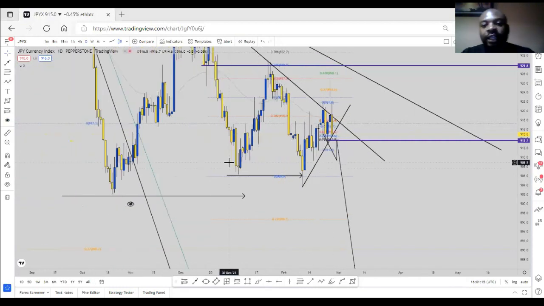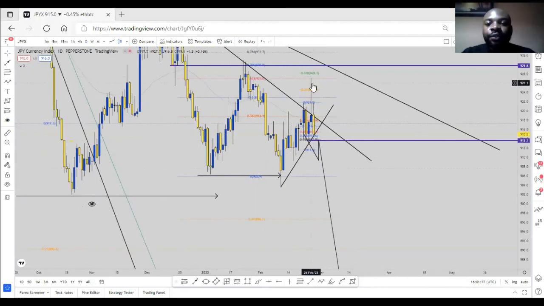Great. You can see that even from this rejection, thank you for answering that question. You can also see that multiple rejections of price at a certain level is an indication of weakness, exhaustion. So you can see how this massive candle went all the way up and then couldn't continue.